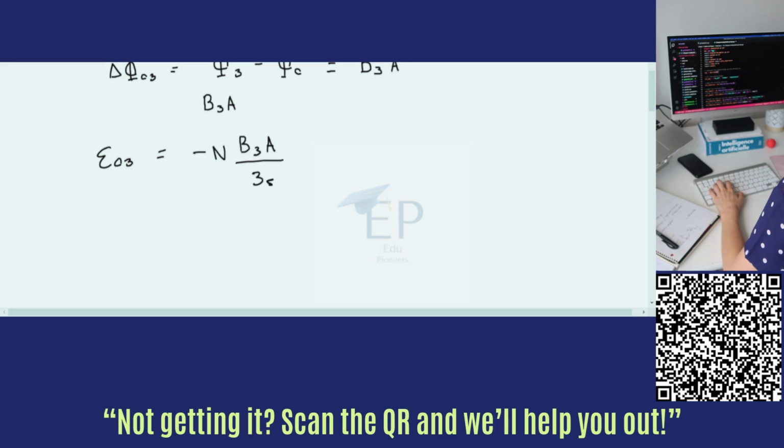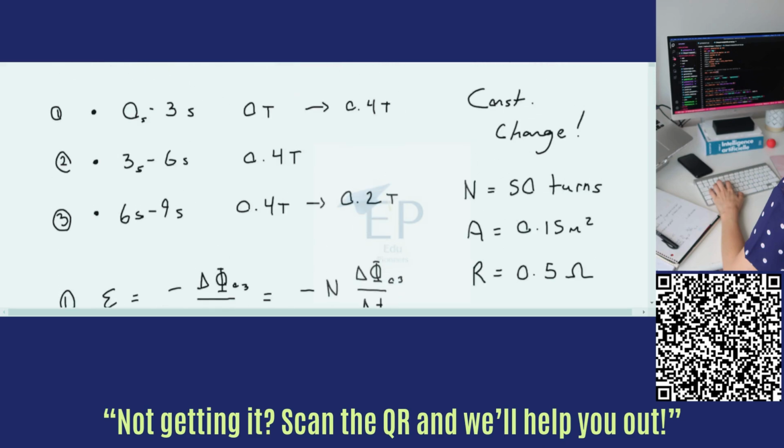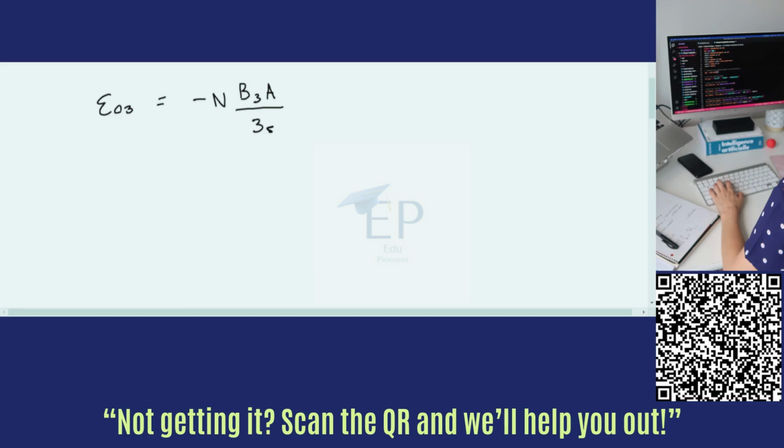All right. So if we plug in all our values there, n is 50, A is 0.15, and B is 0.4 teslas, we will get that the induced EMF is minus 1 volt.